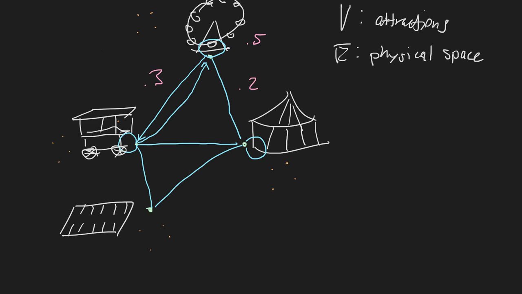And now we just step through our graph, or rather step through time in our model, where at each point in time each visitor transitions from their current state, their current attraction or the current vertex, to some adjacent vertex according to the probabilities that we have written on our edges.